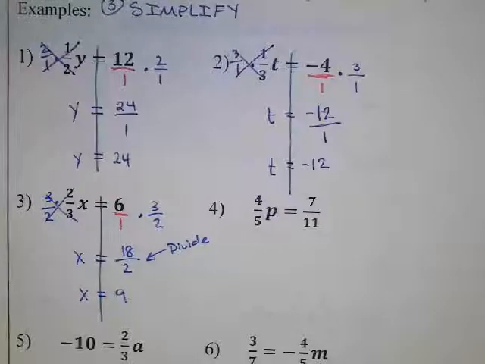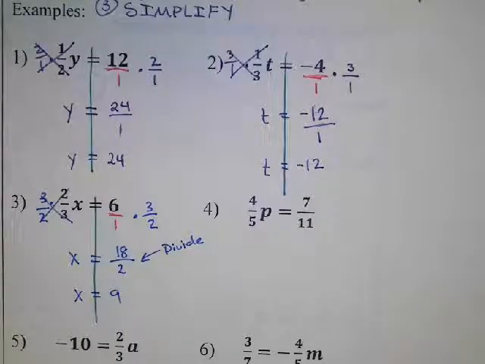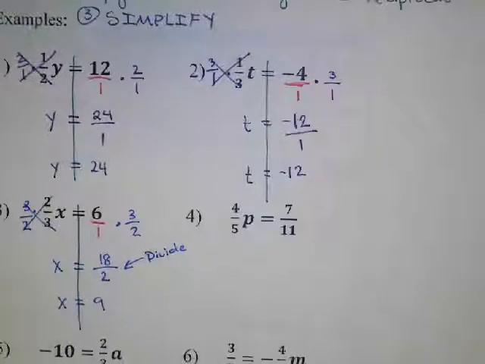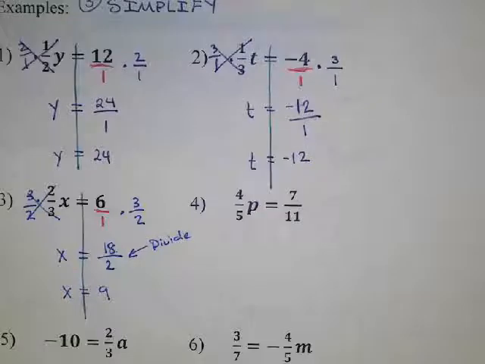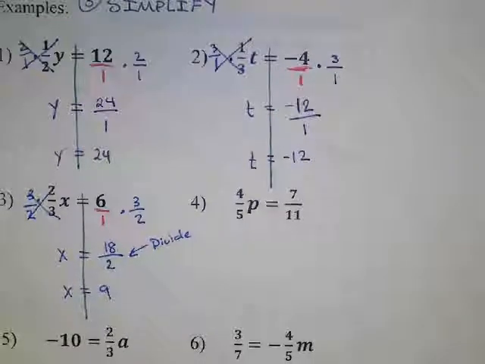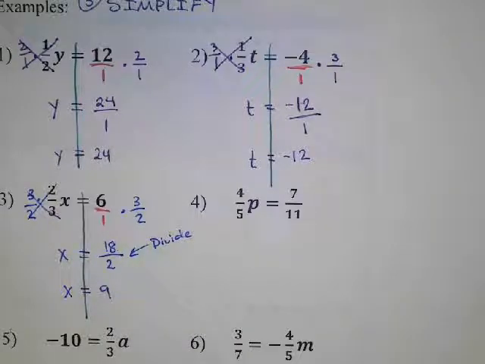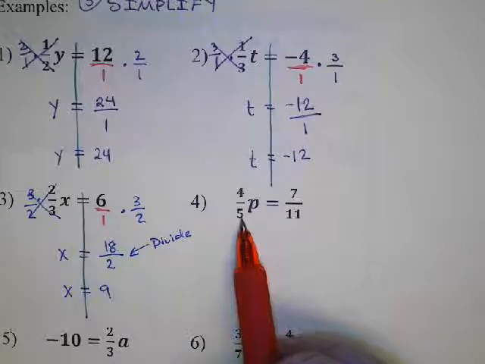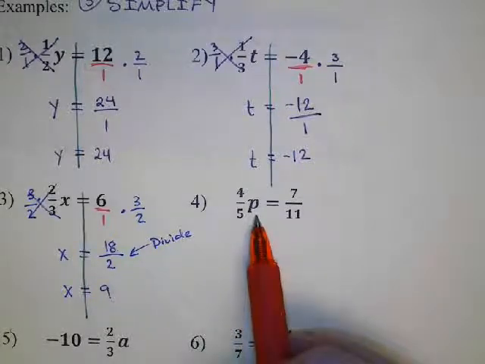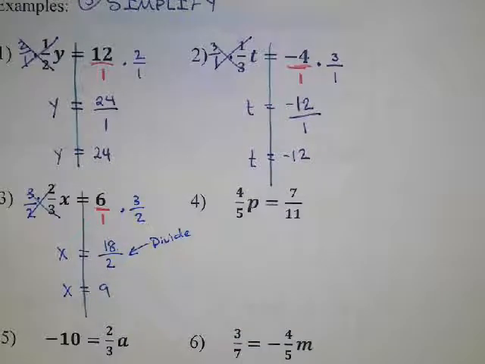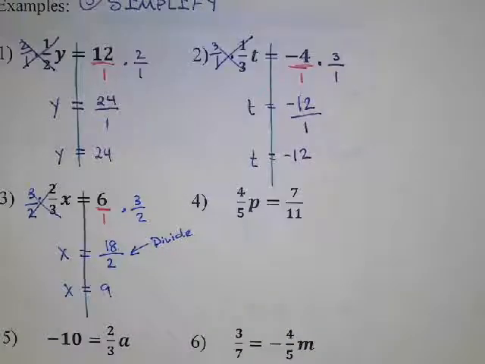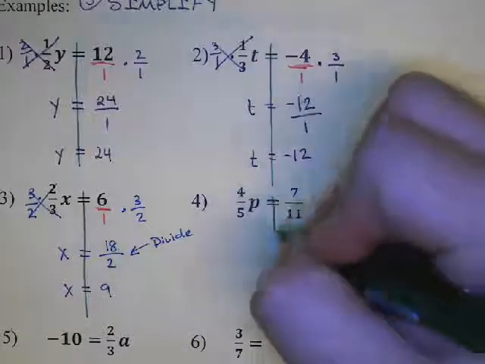One more example and then we'll be done. So we are going to first turn any numbers into fractions by writing in hidden ones. So we got 4/5. We got our variable p equals 7 over 11. Everything's already a fraction. We are ready to go. Let's draw our line down the middle.